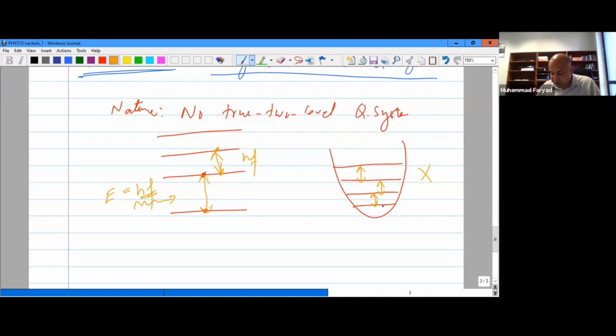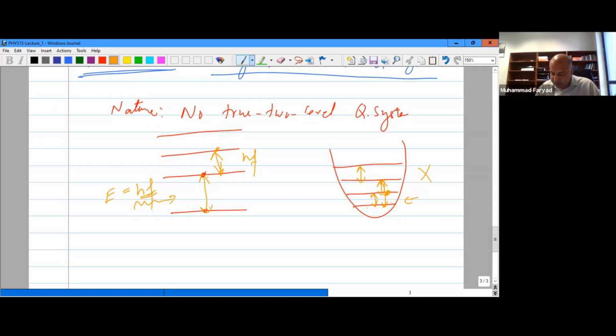So for example, if I have a system here and I send a photon of this energy gap, this system can jump to this one. And if I send a photon of the same energy, it can either jump up or it can jump down because of stimulated emission. So this third level gets involved, and so on. So I have to have a quantum system where the gap between successive energy levels is different.